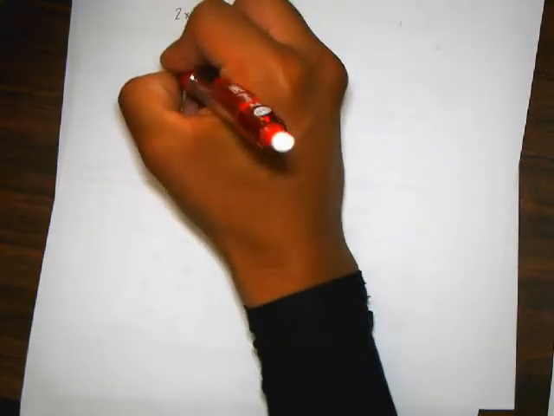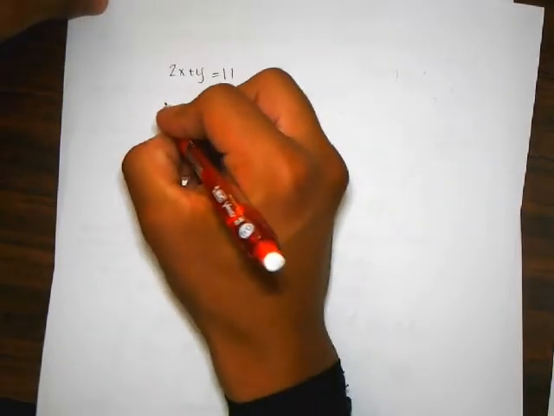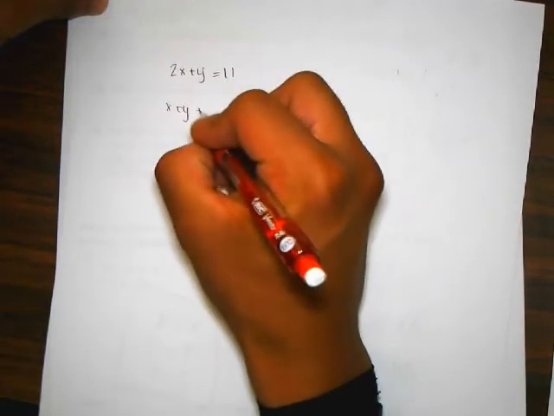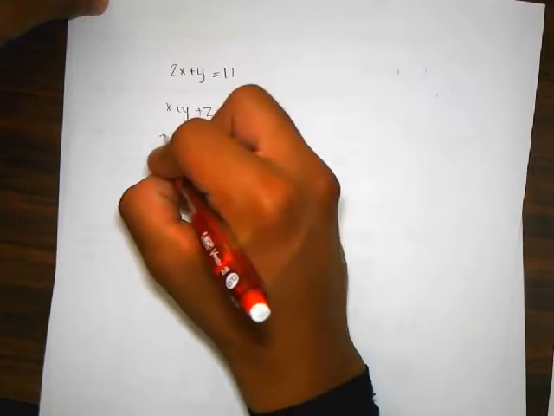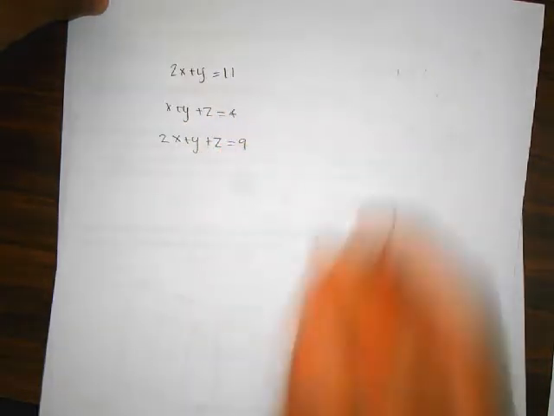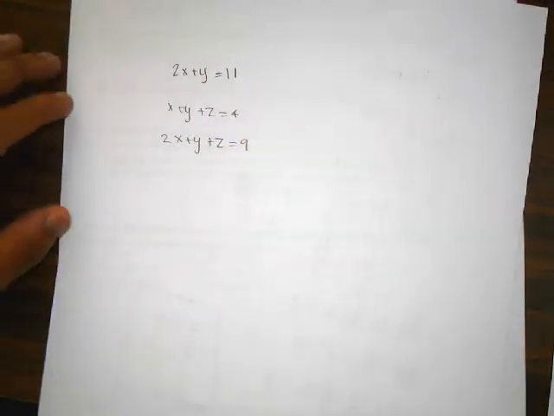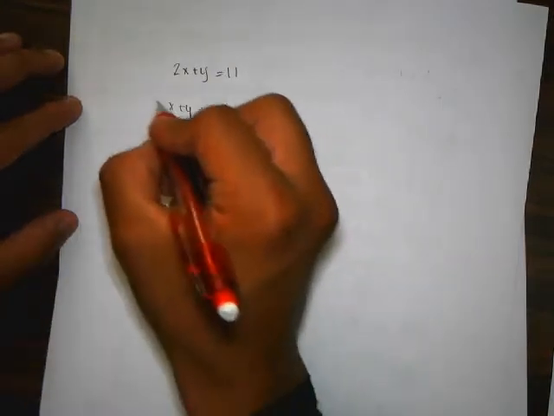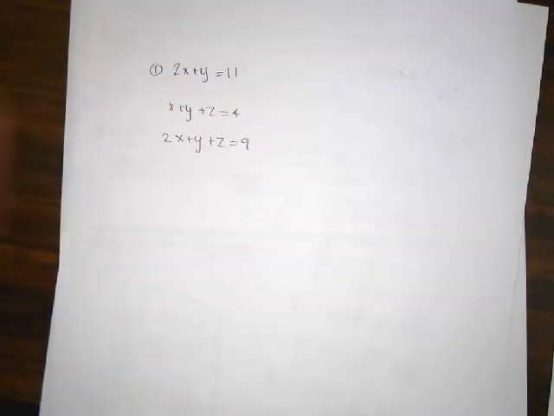So for number 16, you have 2x plus y equals 11, x plus y plus z equals 4, and 2x plus y plus z equals 9. For the first step, you use the first equation and then look at the second one.